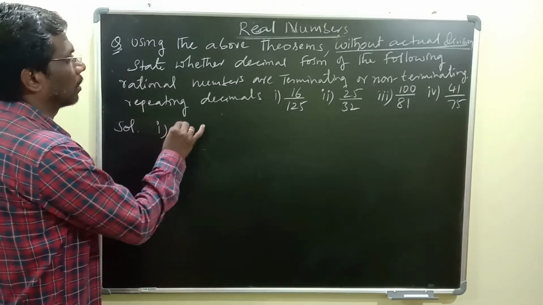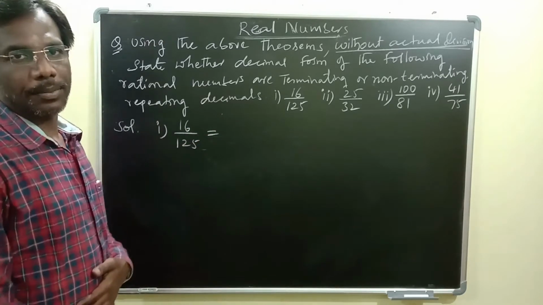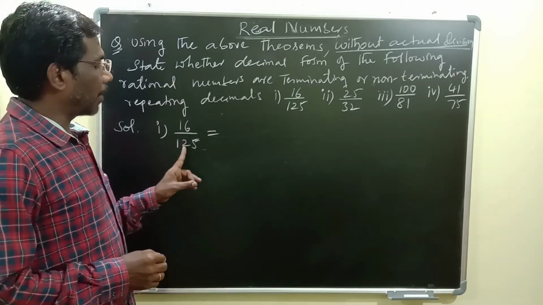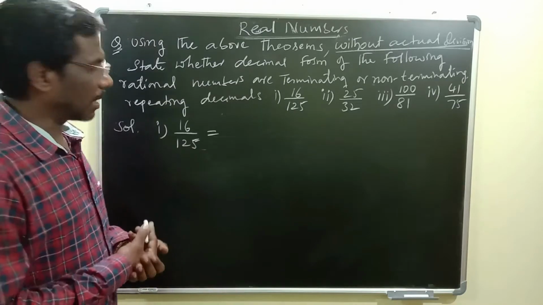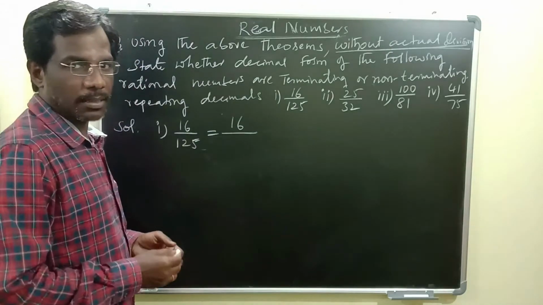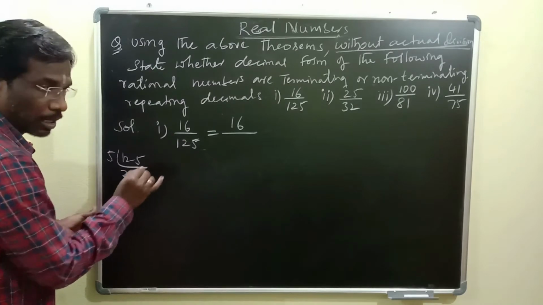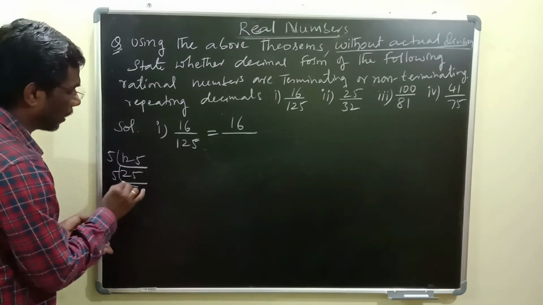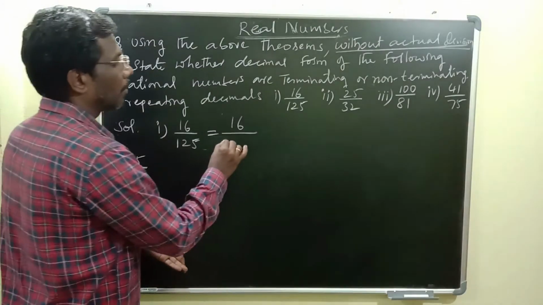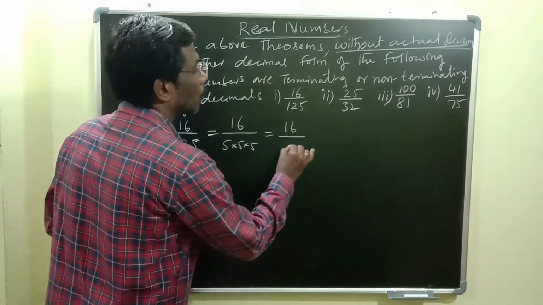First one is 16 by 125. In this problem, we take the denominator and convert it into prime factors. The numerator 16 we write as it is. 125 can be written as 5 into 5 into 5, that is 5 cube.